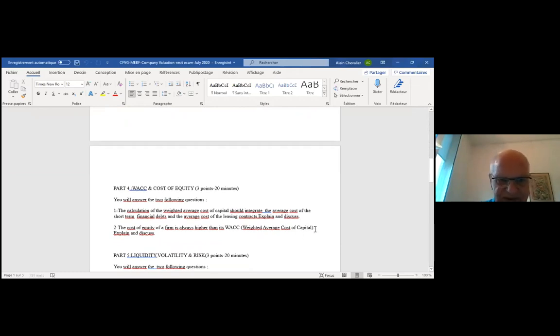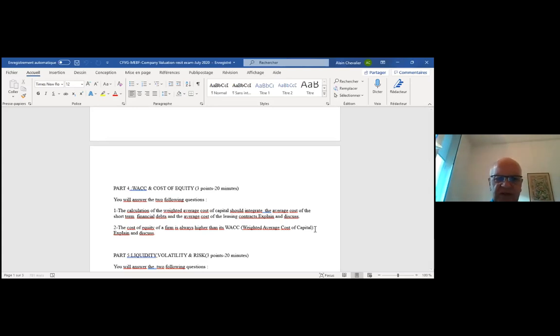Part 4, question 2 is on the cost of equity, and the comparison between the cost of equity and the weighted average cost of capital. It could be also, if you extend the question, the cost of equity, the WACC level, and the cost of debt. So you have to remember 2 or 3 points here.